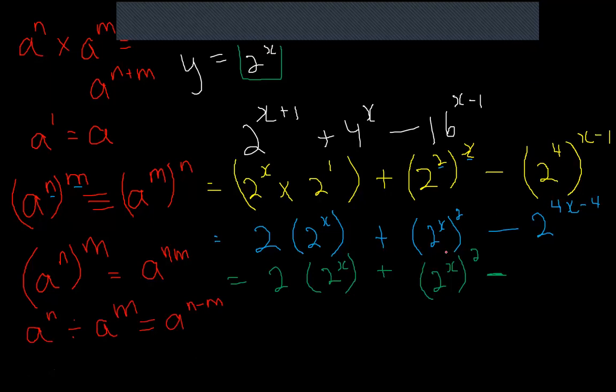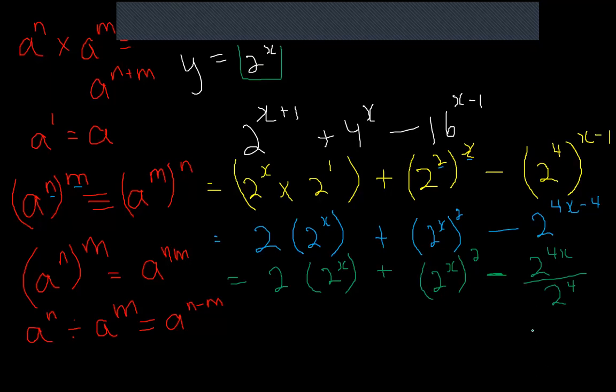So what can I say here? Okay, according to my rule, this is the same as 2 to the power of 4x divided by 2 to the power of 4.